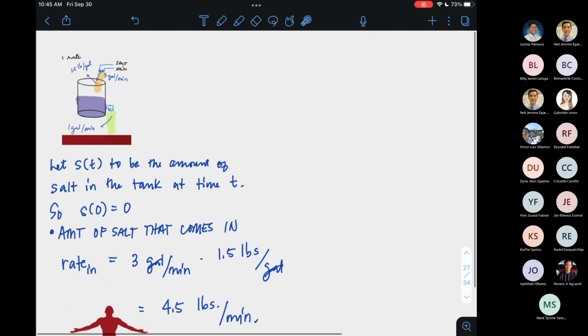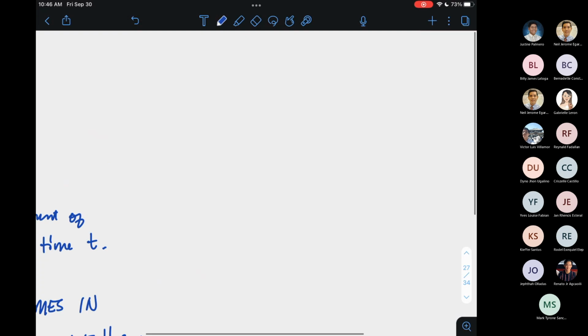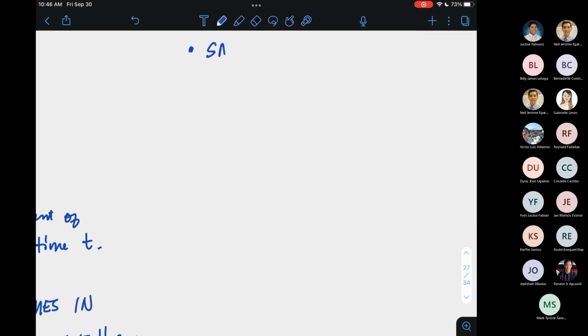Pero hindi lang to yung papasok sa ating ODE. Kasi nga, at the same time that the solution is being pumped into the tank, part of that solution is being let out of the tank. So may nawawala. Alright? So titingnan natin yung amount of salt that comes out. So meaning ito yung rate out naman. At what rate is the salt coming out of the solution?